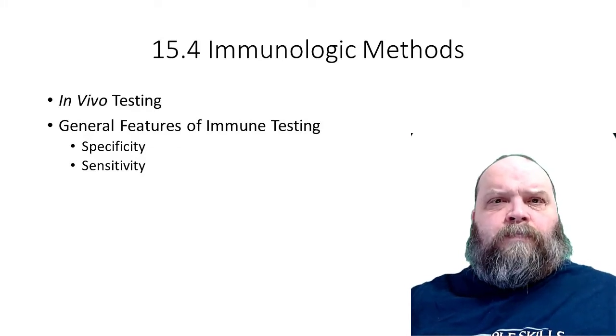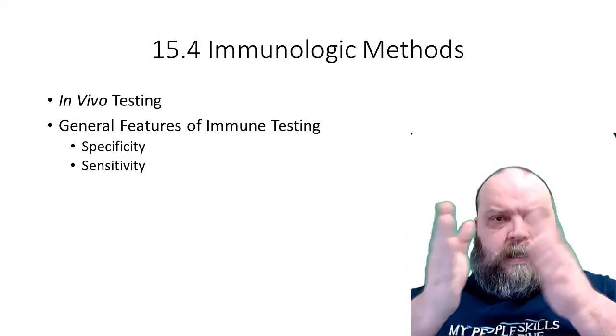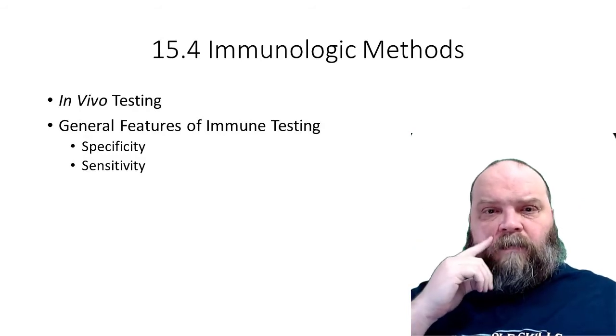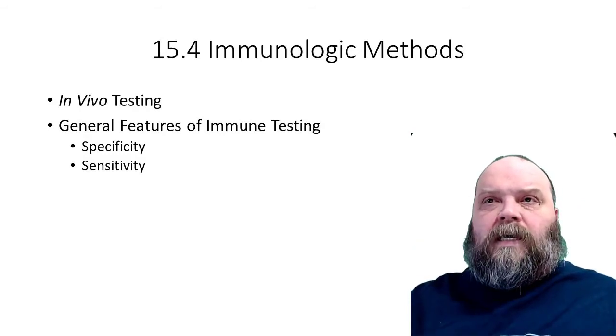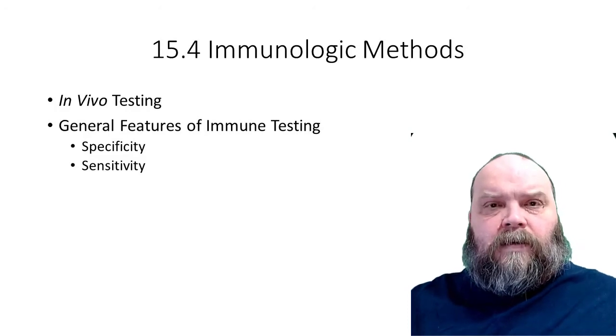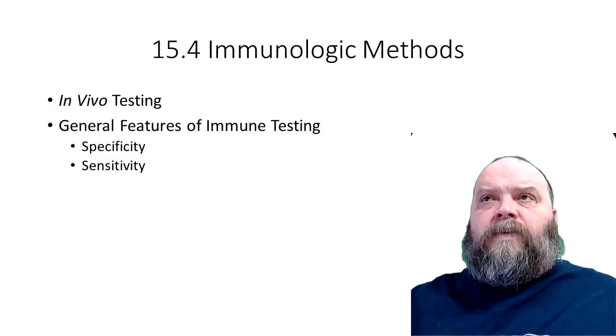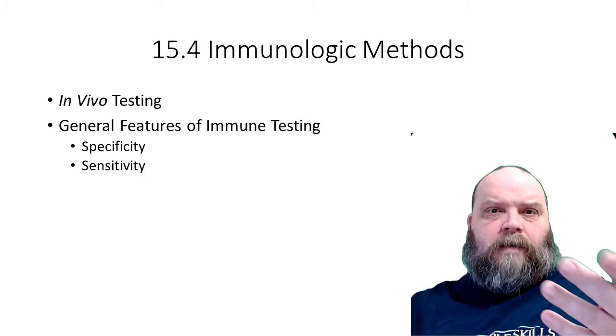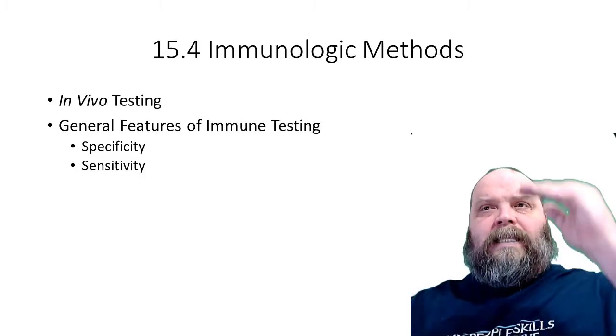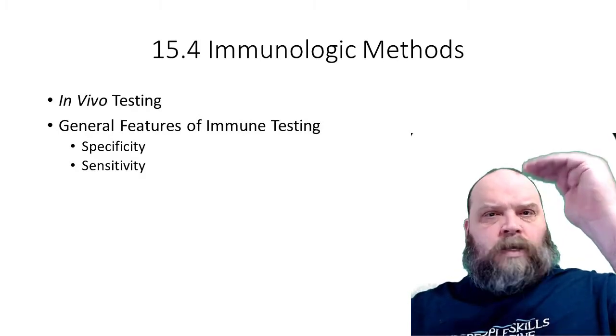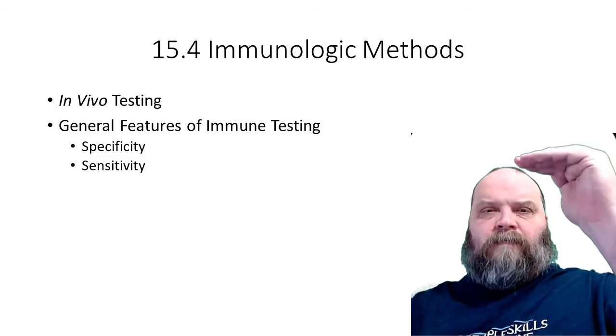As I've mentioned in a couple of the previous immunological methods lectures for section 4 of chapter 15, these are highly specific, okay? The specificity could be high or low depending upon what you're testing for. Highly specific, you're looking just for E. coli 0157H7.